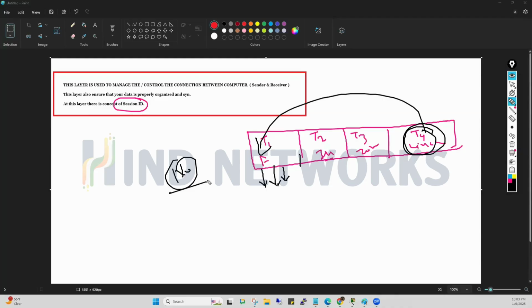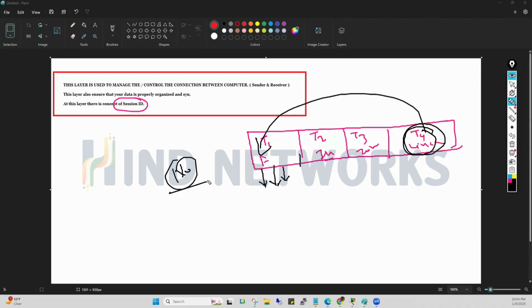For example, if you are watching Instagram, you will not get LinkedIn content there. Why? Because we have different tabs. So if you are in tab number 2, you will get all the Instagram-related content, not LinkedIn-related content there.